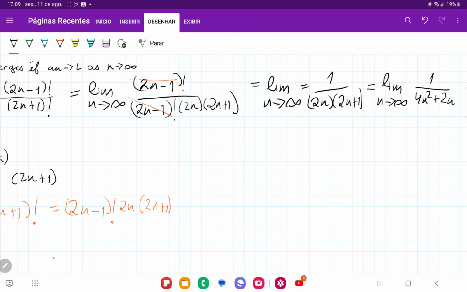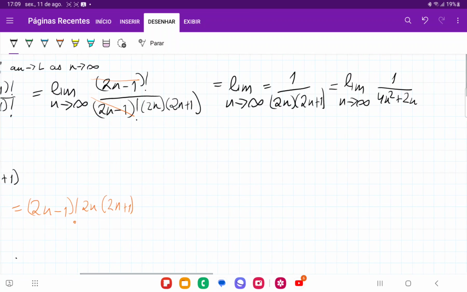Okay. So when n approaches infinity, it's going to be 1 over 4 times infinity squared plus 2 times infinity. So it's still going to be infinity, right? So it's going to be 1 divided by an infinitely large number. And whenever we take 1, or any number for that matter, and we divide by an infinitely large number, that division is going to tend to 0.